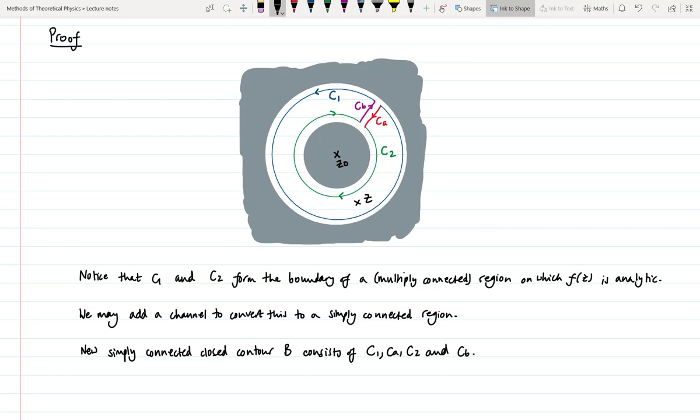Because it's simply connected, we can use Cauchy's integral formula to express the function value within that region bounded by the new contour B.